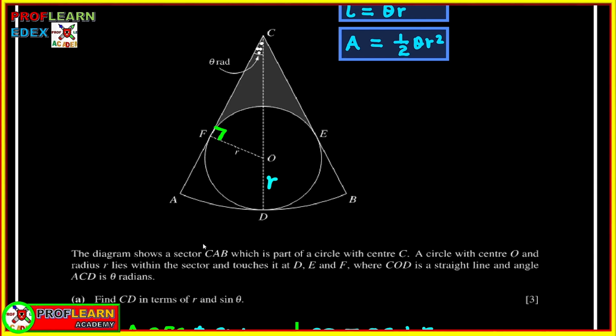So this sector of the circle, part of the circle, meaning we need to find the angle that we have at F or C. But since we know what the angle theta is, we can find the angle at F or C, which will be used in the process of working out this question.